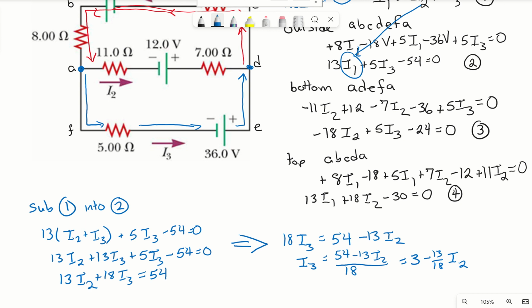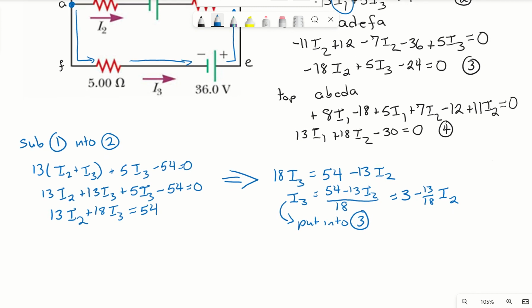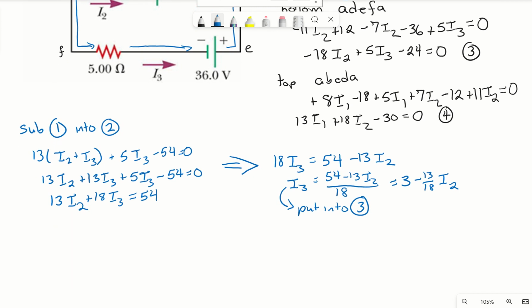Now I'm going to take this version of I3, and I'm going to put this into my third equation. All right, so instead of I3, I'm going to put 3 minus 13/18 I2. So let me scroll up a little bit. I still have equation 3 on there. So I'm going to do minus 18 I2 plus 5 I3.